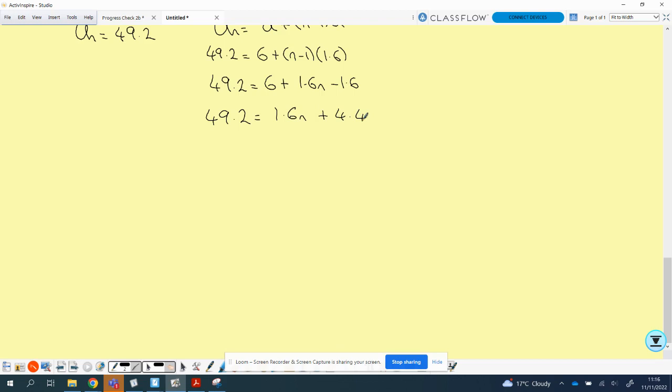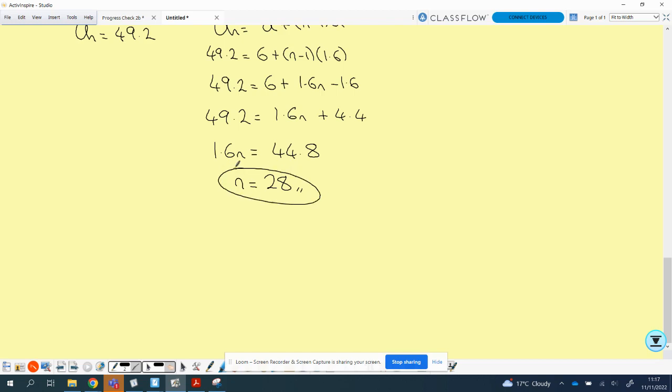Okay, 1.6 would come off that 6. If I subtract 4.4 off, that's going to give me 1.6n equals 44.8. And if I divide by 1.6, I get the value 28. I calculated that last step below. So that was the 28th term. That's what I've managed to work out.